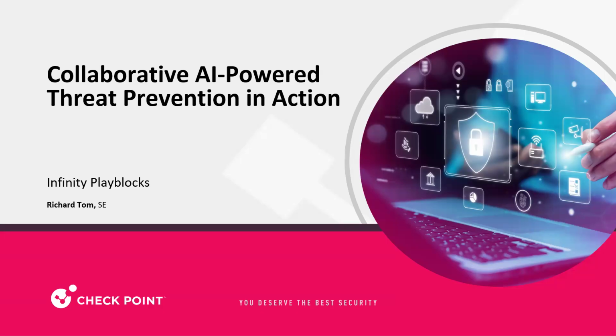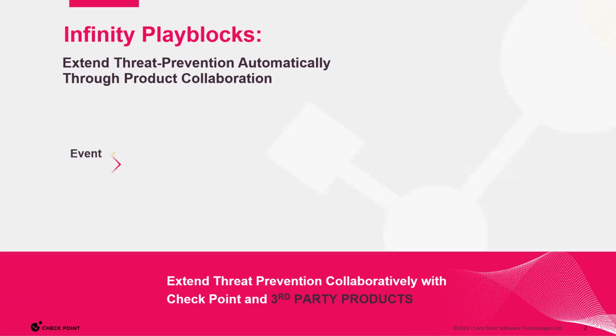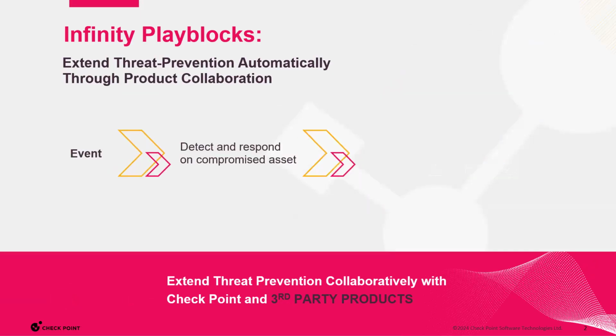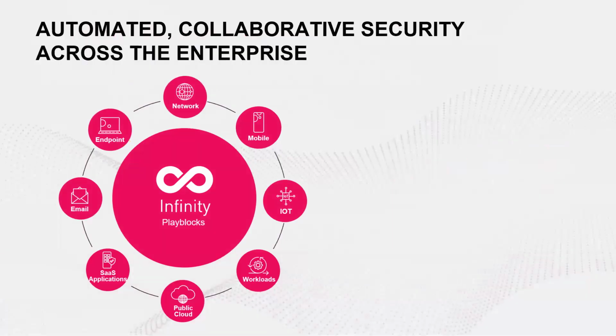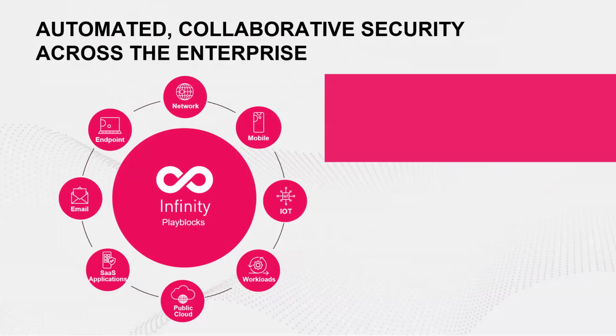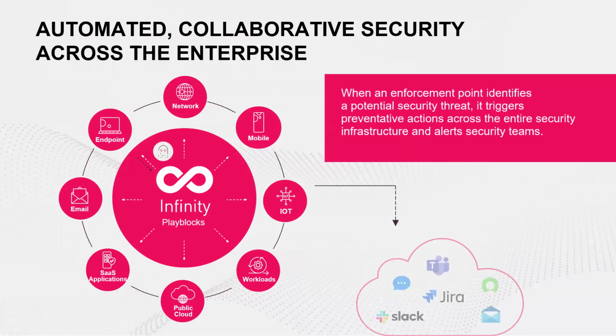Let me get off the slide. So what's going on here? You've got events that happen, you detect and respond, and then spread it across and do the prevention across your network, so that way you can automate these things. I'm going to go through a couple of slides kind of quickly, and then we'll go into the demo.